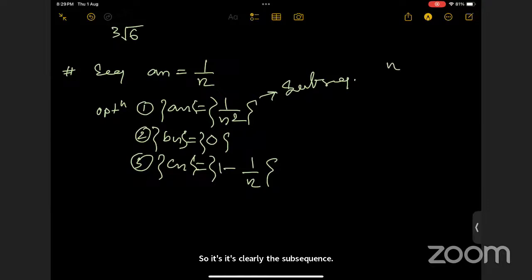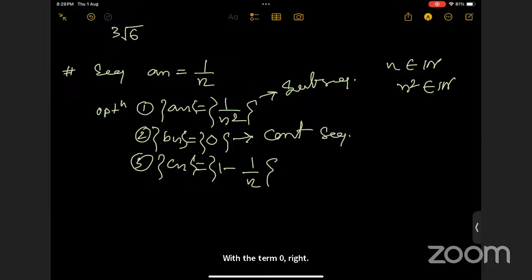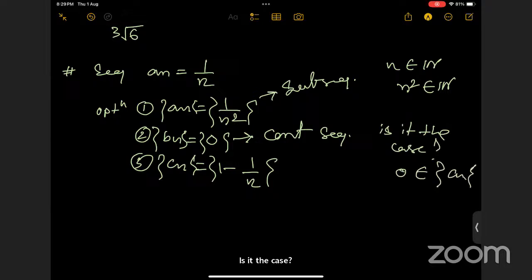So it's clearly a subsequence, this I was able to do. Because if n is some natural number, then obviously n square is a natural number, so this is a subsequence. This is a constant sequence with the term 0, right? Yes, ma'am. But does 0 belong to this sequence? Is there any natural number such that 1 by n equals 0?